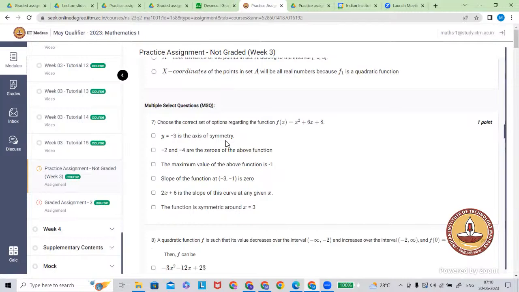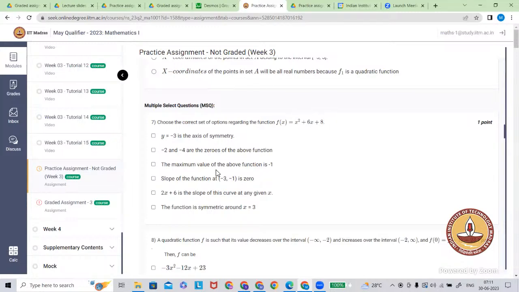So the maximum value of the function is -1. Isn't this correct? The option says the maximum value of the function is -1, so it's just finding the axis of symmetry and the value at that point.